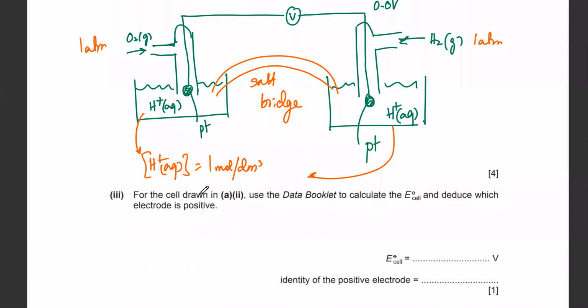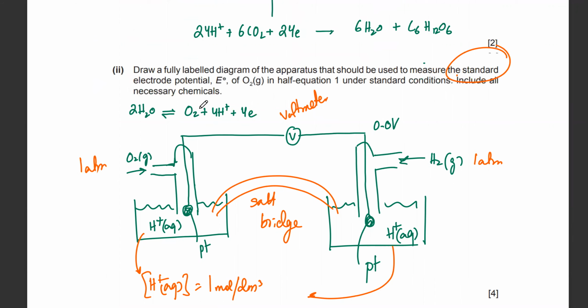The next one is: for the cell drawn, use the data booklet to calculate the E naught cell and deduce which electrode is the positive. So we need to figure out the potential of this: 2H2O, O2, 4H plus 1, plus 4 electrons.